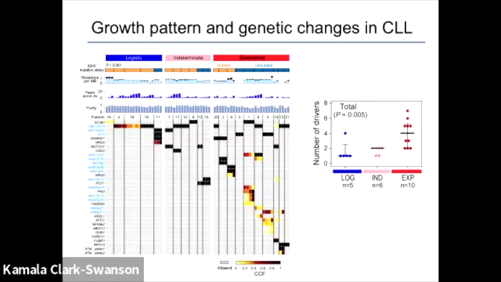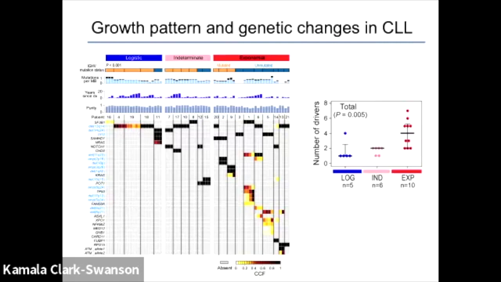The light gray means that the mutation was absent, whereas these colors from white to black correspond to mutations that are present in that patient's CLL, and the color corresponds to the cancer cell frequency. Black means that it was a clonal mutation present in 100% of cancer cells.